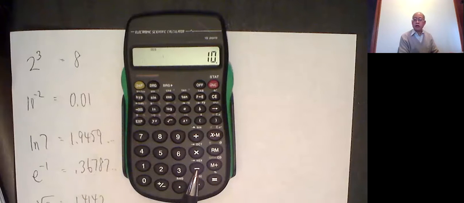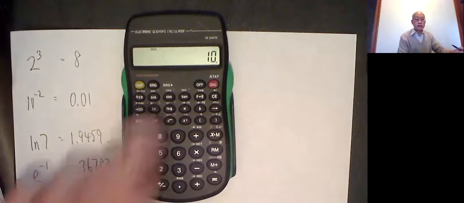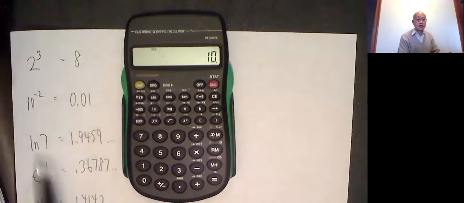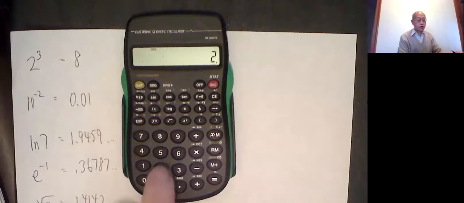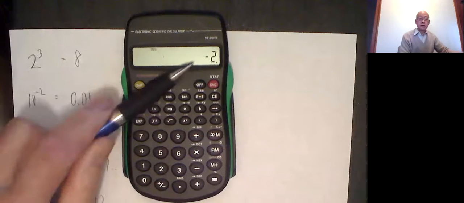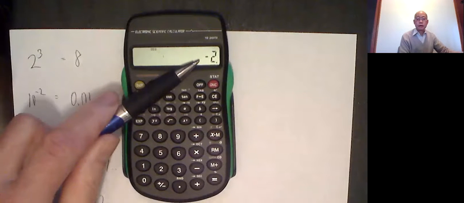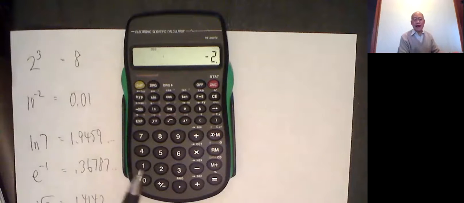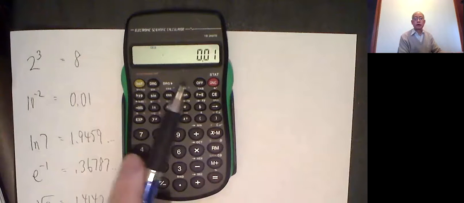On almost every calculator, you can tell there's division, multiplication, subtraction, and addition, so you don't want that. This one changes the sign. So after you hit y to the x, to get negative 2, you actually have to hit the 2 first, and then hit this one that looks like plus or minus. And then you notice that there's a minus sign that pops up. So you'd have to actually go backwards. This is a backwards type calculator. Then when I press equal, there's the 0.01.